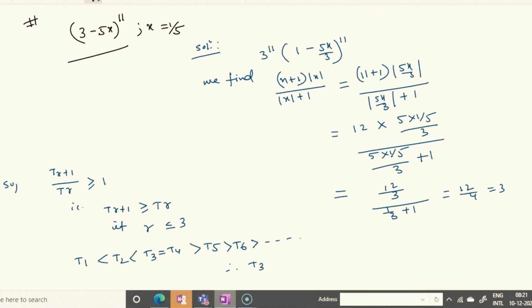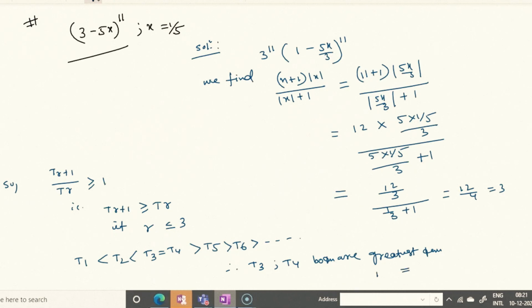So T3, T4, they're equal, that's why both are greatest term.